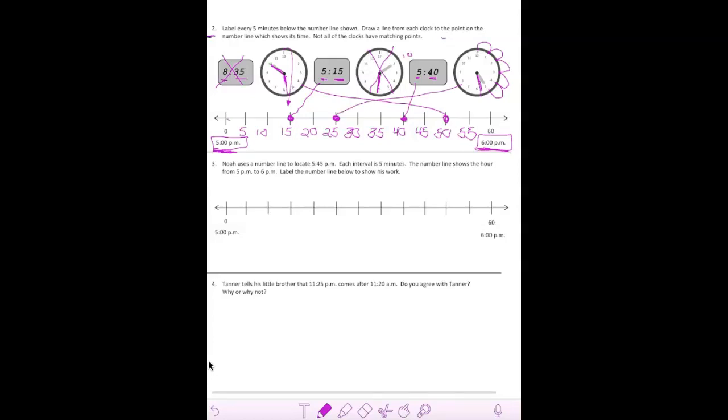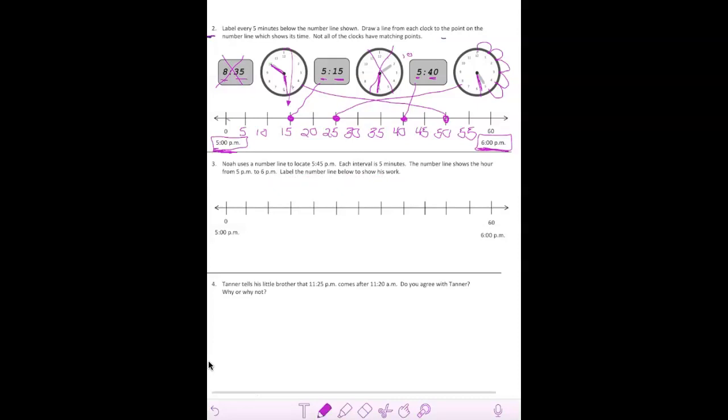Let's take a look at number 3. Noah uses a number line to locate 5:45 p.m. Each interval is 5 minutes. The number line shows the hour from 5 p.m. to 6 p.m. Label the number line below to show his work.